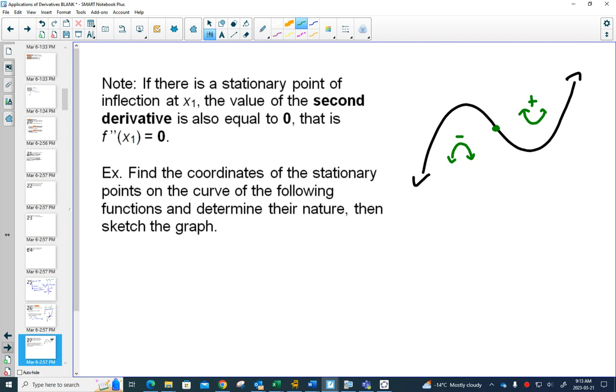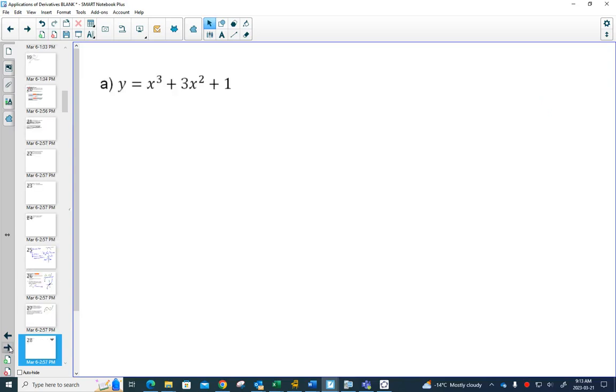And those will always be found with our second derivative by making our second derivative equal to 0. So with a stationary point of inflection, your first derivative will equal 0. It will either stay increasing or stay decreasing, and you'd also find that your second derivative is equal to 0. So let's look at the following graphs and see what we can come up with.